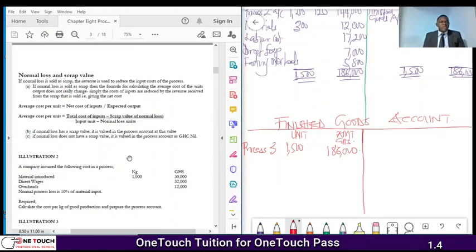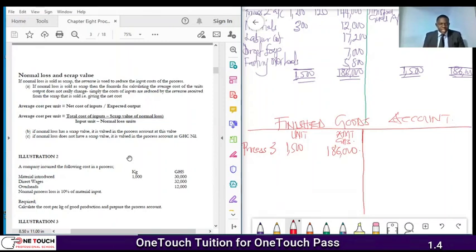Now, if normal loss is sold as scrap, the revenue from the process is used to reduce the input cost of the process.